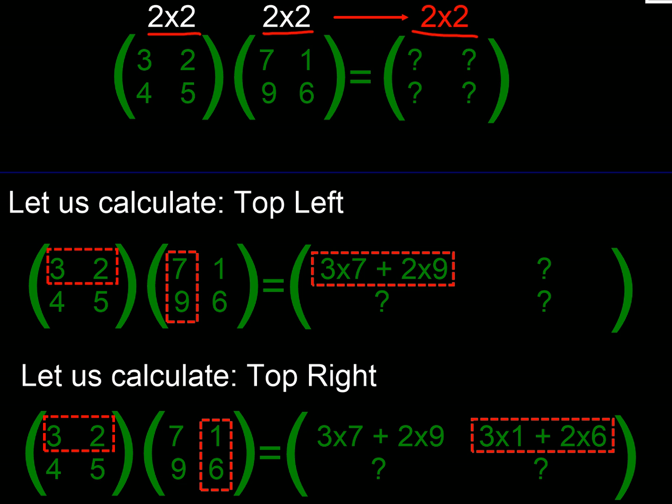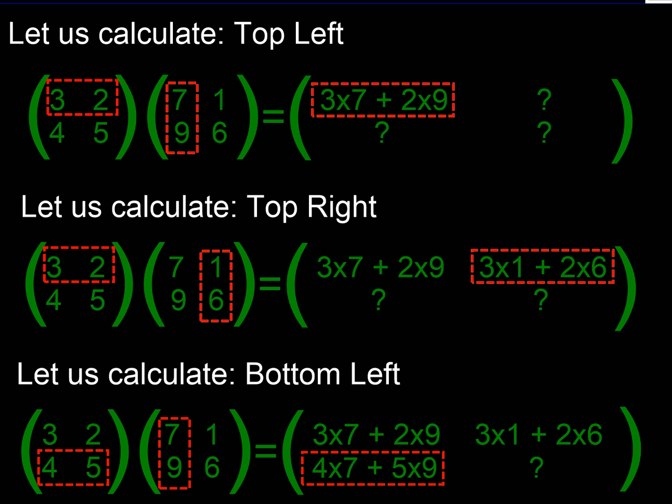Let's do it with the numbers just to convince ourselves that it works. So first thing I'm going to do is find the top left value of my resultant. If I take the top row of the left-hand matrix and multiply those coefficients by the left-hand column of the right-hand matrix, what am I going to get?